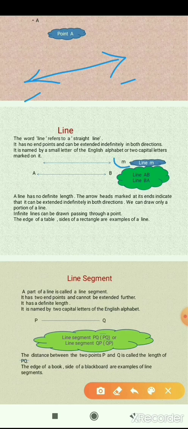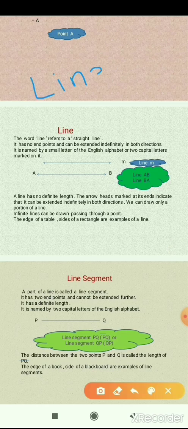Look here, we represent a line by a small letter of the English alphabet, line m, or we can name it by two capital letters, A, B. So we can name it line AB.